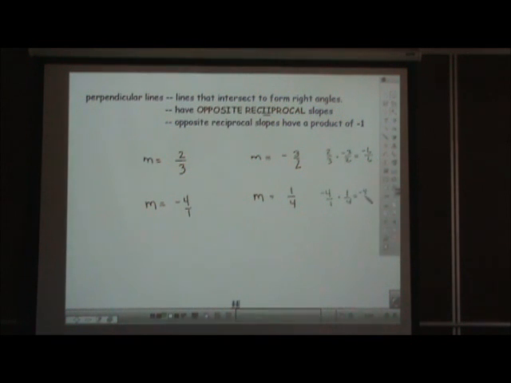You'd have -4/4, which would also be -1. So if you're not sure if they're opposite reciprocals, multiply them together, on a calculator even, and see that the product is indeed -1, and that will let you know if you have opposite reciprocals.